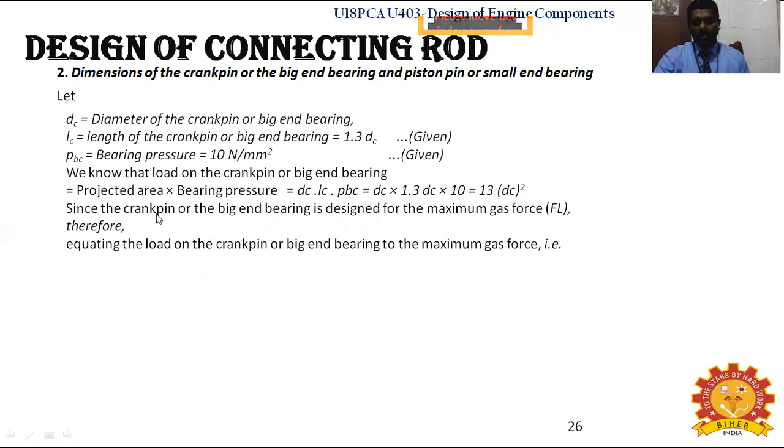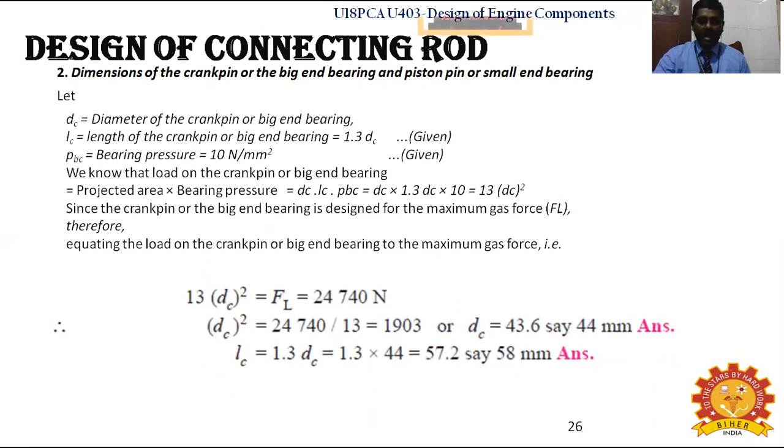The crank pin or big end bearing is designed for the maximum gas force. Therefore, the load on the crank pin or big end bearing can be equated to the maximum gas force. The value of the diameter of the crank pin will be identified by equating with the maximum gas force. So the load value you are equating with the maximum gas force. That FL value you have already calculated, it is 24740 Newton. Now we have the load on the crank pin, that is 13 DC square.